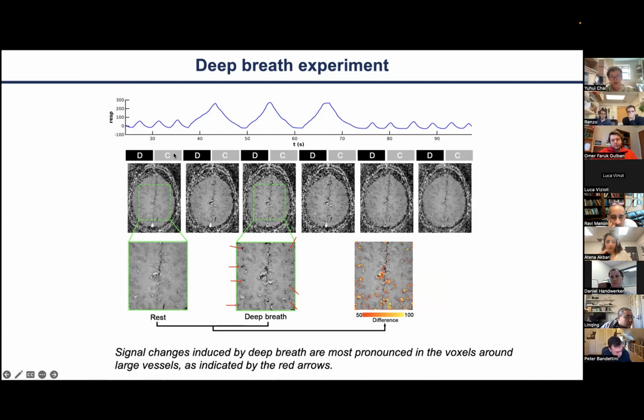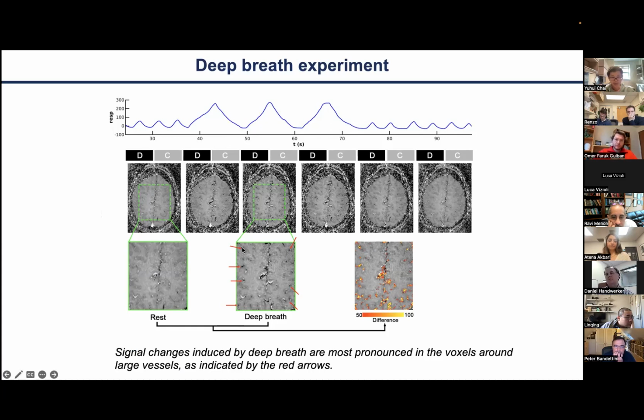The dark and gray boxes show our acquisition window of each volume. They are very well synchronized here because we specifically designed it this way. The bottom shows the VAPER image in this period of acquisition, highlighting the image acquired during rest and the image acquired during deep breath.